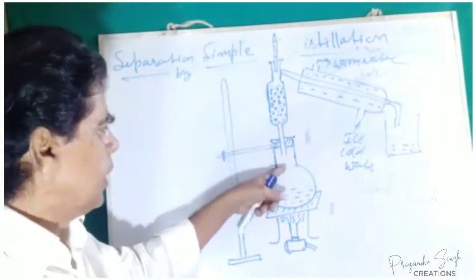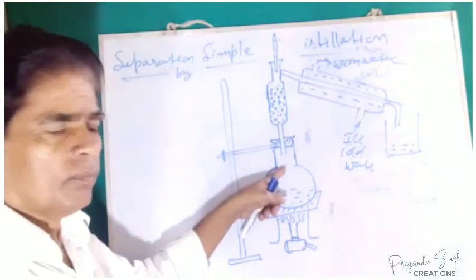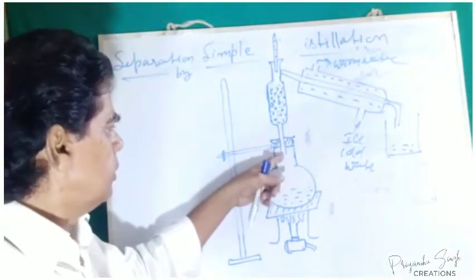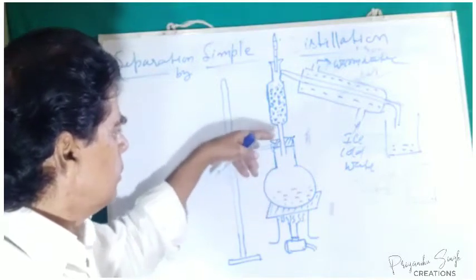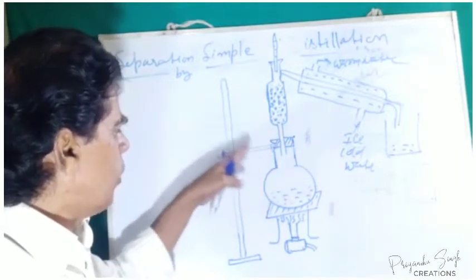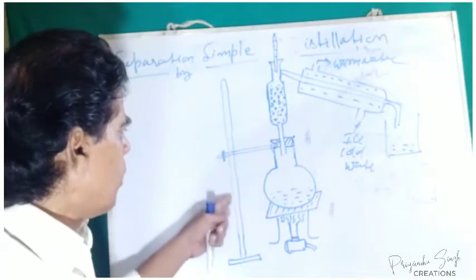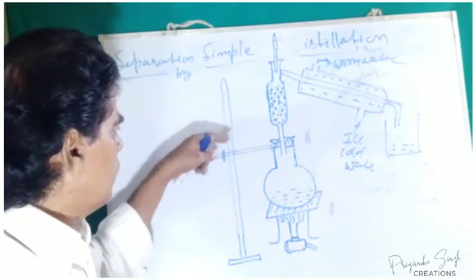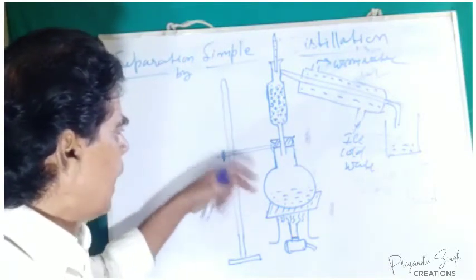See here, this is a fractionating column which is fitted with the distillation flask, and the flask is fitted or adjusted with the help of a stand clamp.